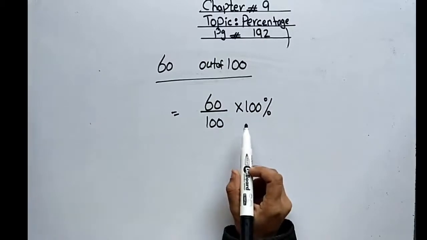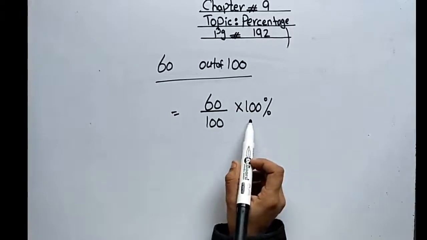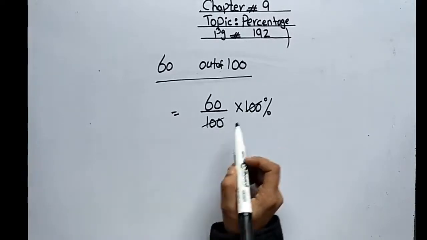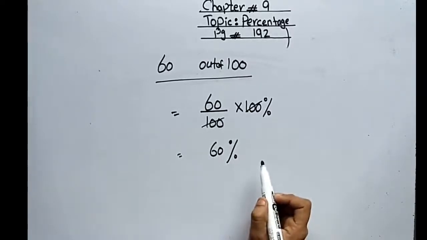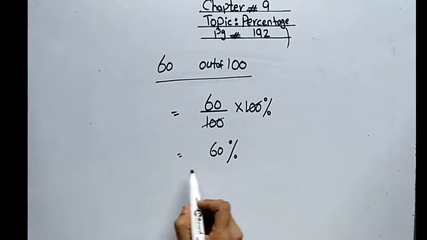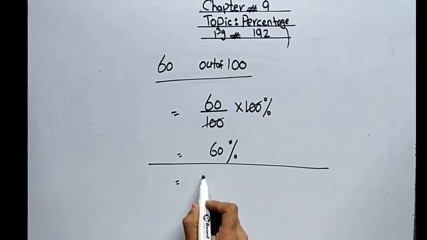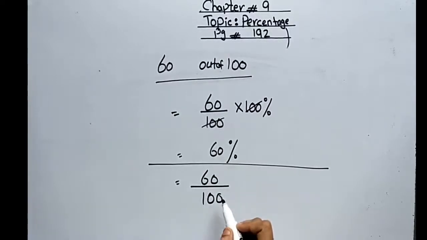There are two methods for finding the percentage of any number. The first one is this: you multiply by 100%. So 100 will cancel with the 100, and just 60% will be left. It means Maria got 60% marks in math. Got it, beta? The second method: you write 60 out of 100, which means 100 is in the denominator.